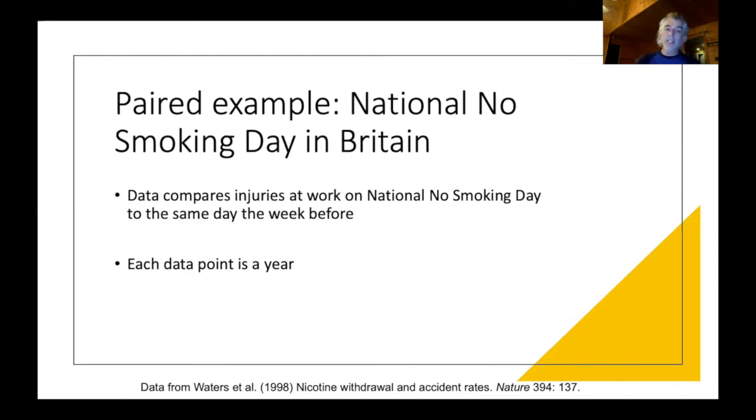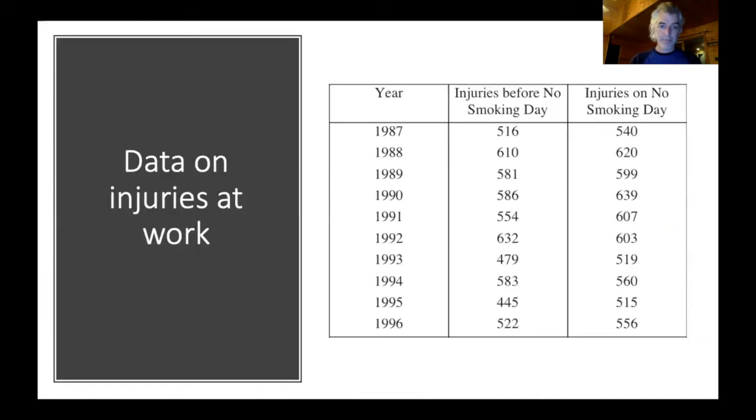But because they suspected that there'd be a lot of variability across years, they used a paired design where they compared a day prior to the National No Smoking Day to the number of injuries on the National No Smoking Day within the same year.